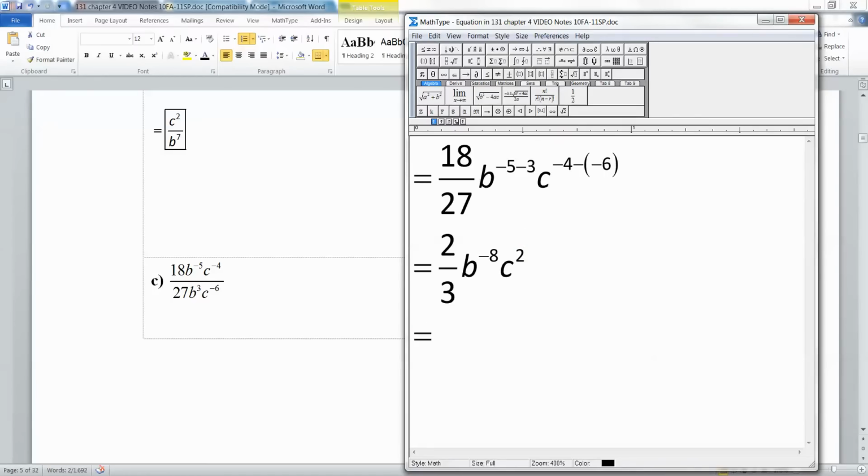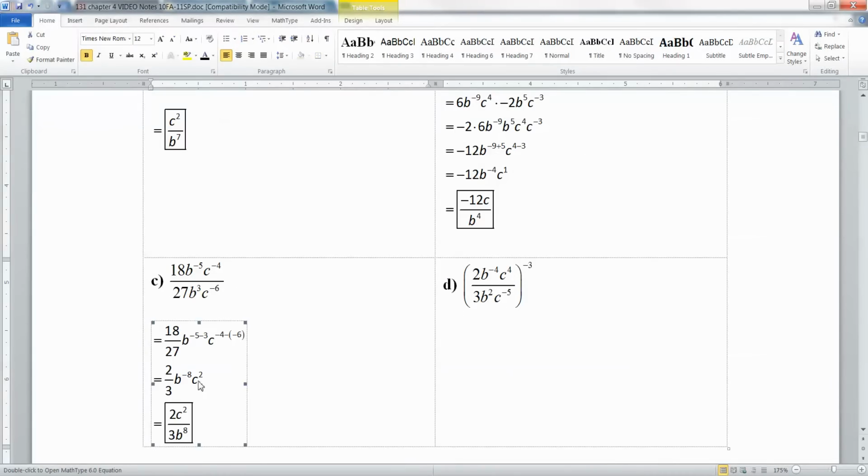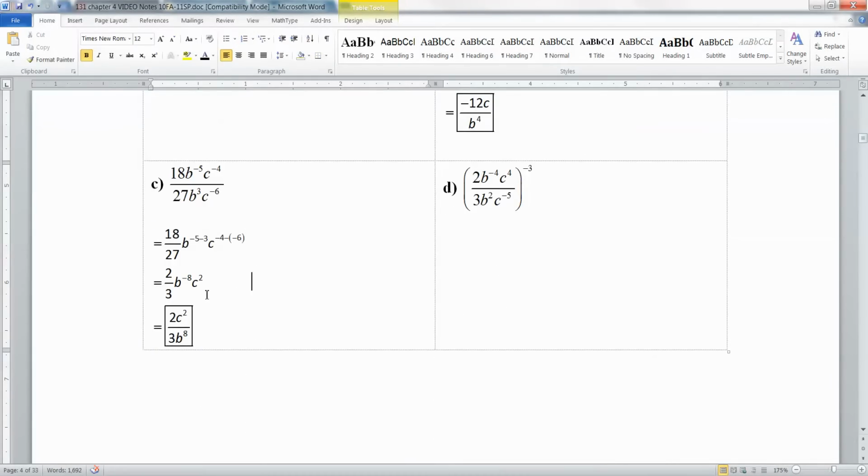And then you write equals 2C squared, because those two are both positive, and then 3, because it's in the denominator, b to the 8, because you're not allowed to leave this guy with the negative 8 exponent. He's got to go. You have to make him a positive exponent. 2 is in the numerator. C squared is in the numerator because it's positive. B to the 8th has a negative power, so he goes down, and 3 is already down there.